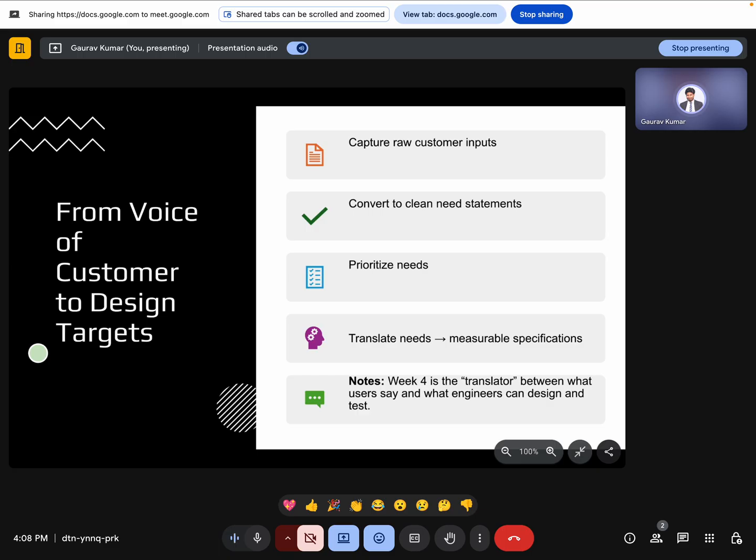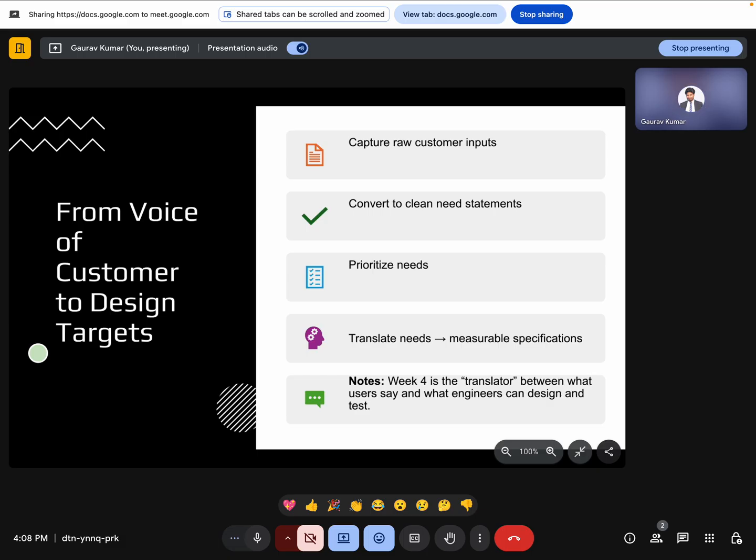I begin by gathering raw inputs exactly as they appear in the world: verbatim quotes from interviews, observations from a real context, and patterns from complaints or support logs. I don't fix or interpret these yet; I simply collect them faithfully.